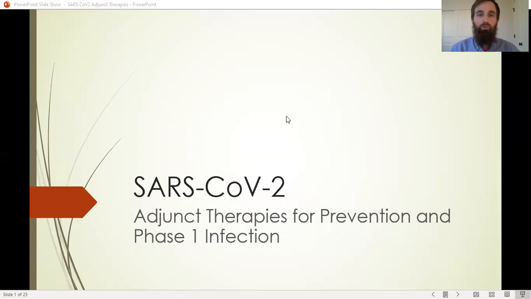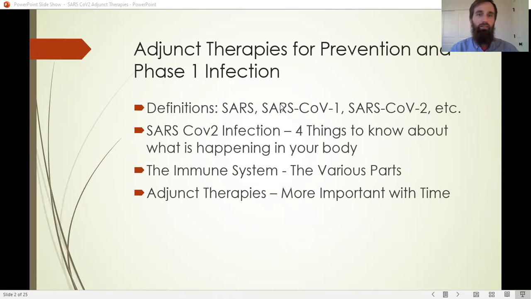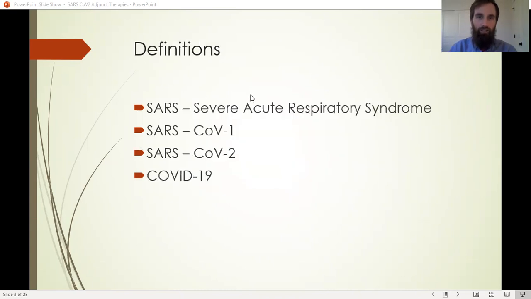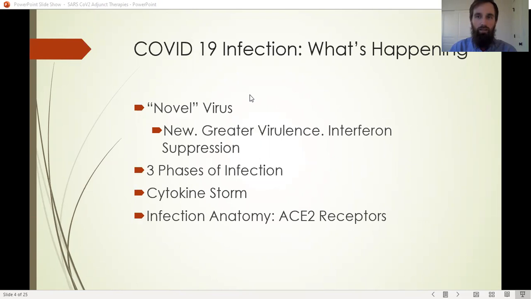As a quick review, in part 1, we talked about 3 main things. We talked about what's happening during a COVID infection. We talked about the immune system. And before all that, we went over some definitions right here on the top of the slide. Just by way of review, we talked about the 3 phases of the infection, basically based off of symptoms or ventilation requirements.